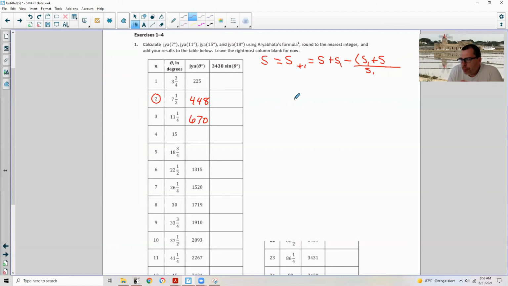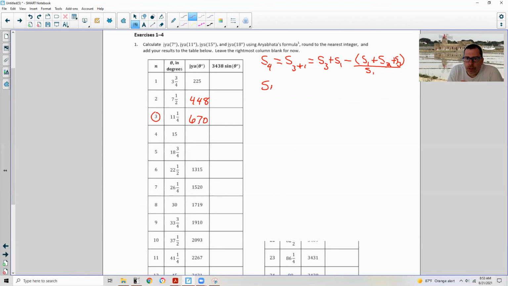So according to the formula, now we're doing S sub 4, which is S sub 3 plus S sub 1. So it's S sub 3 plus S sub 1 minus S sub 1 plus S sub 2 plus S sub n, which is 3, all divided by S sub 1. That should be S sub 3.